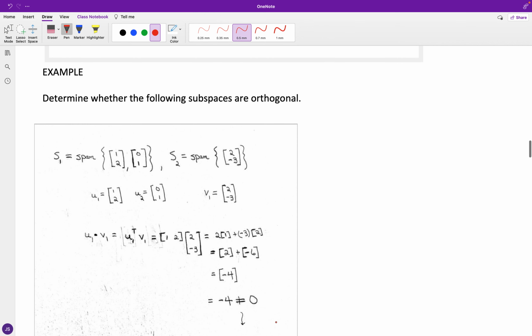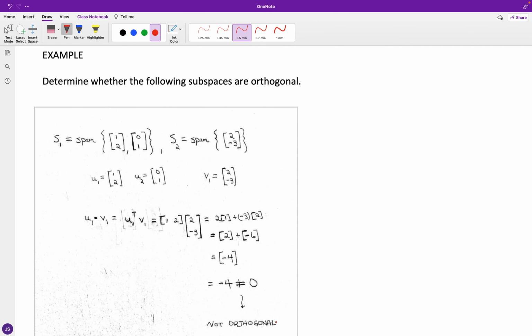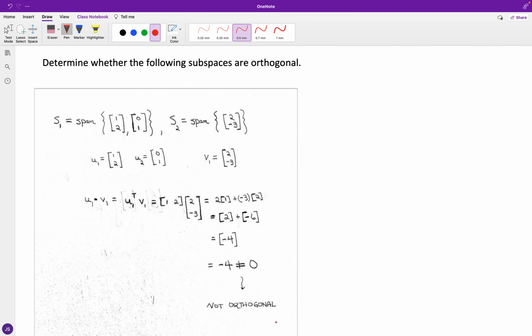Negative 4 does not equal 0, and if the dot product does not equal 0, then the subspaces are not orthogonal. Since u sub 1 and v sub 1 do not result in a dot product equal to 0, we don't even have to test u sub 2 and v sub 1, because if you already run into a non-zero dot product, you don't have to go to the next round.